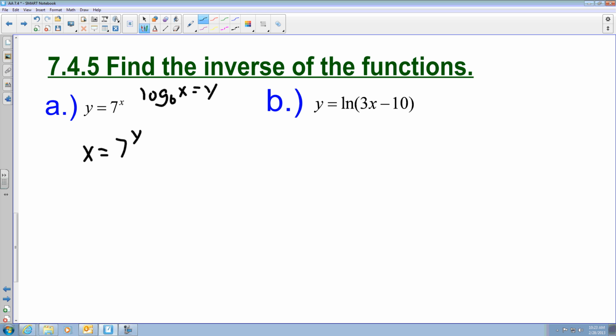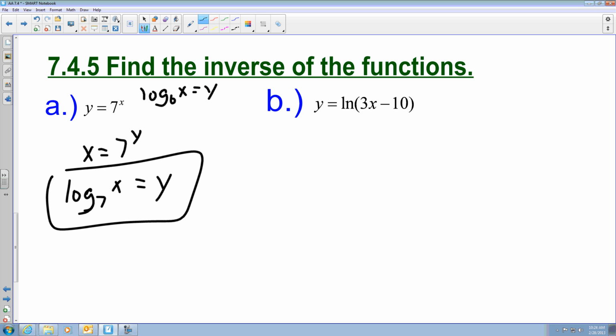So all I have to do is put in log, my b here is 7, my value here is x, and that equals y. So my answer is log base 7 of x equals y, and that's the inverse of y equals 7x.